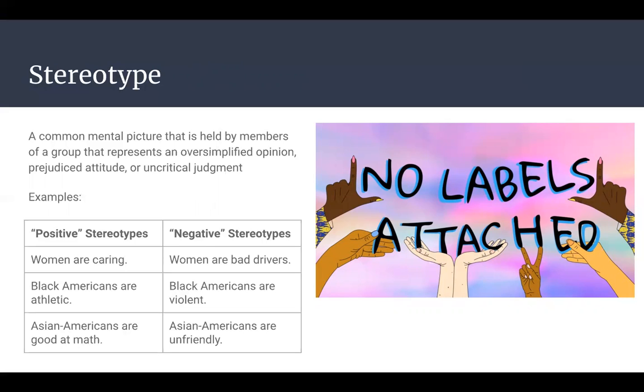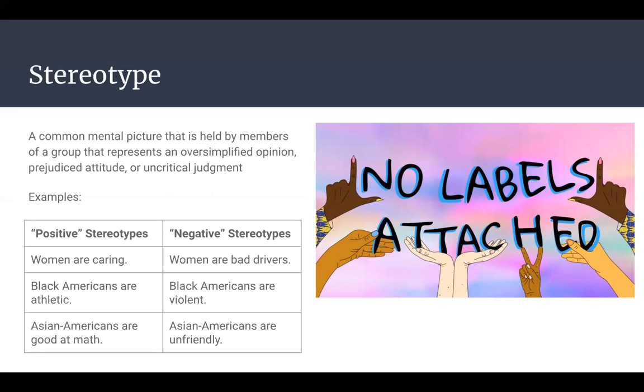Pause for a moment and think about why positive stereotypes might also be bad. So we can see why negative stereotypes are not kind towards people that they're describing, right? But neither are positive stereotypes. For example, let's look at that positive stereotype that Asian Americans are good at math.